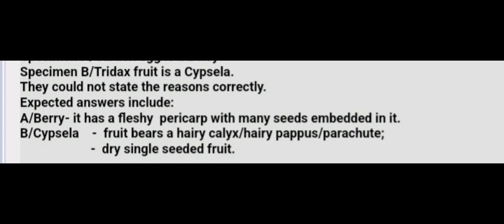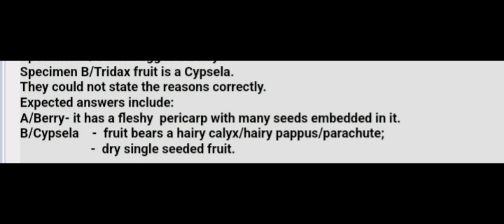Now, the cypsela is a small, simple true fruit. It develops from a superior monocarpous ovary and contains only one seed. The pericarp is free from the seed coat, and each fruit is triangular in structure and developed from a single ovary.